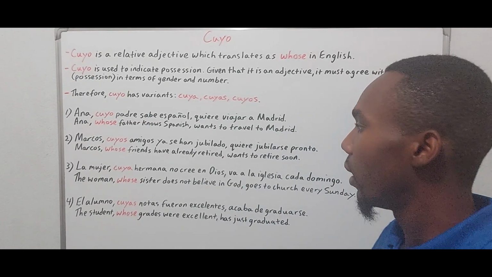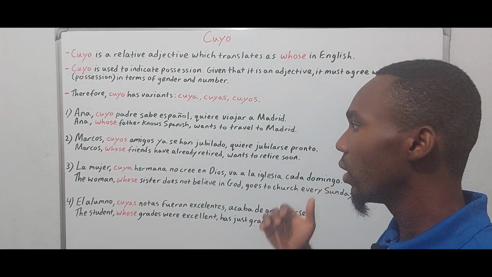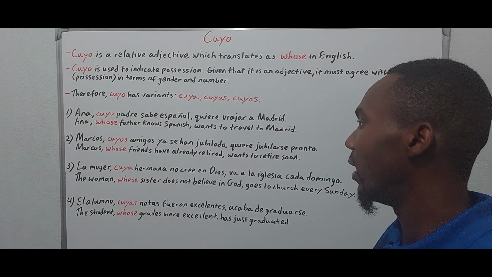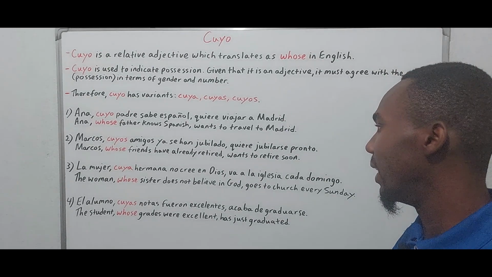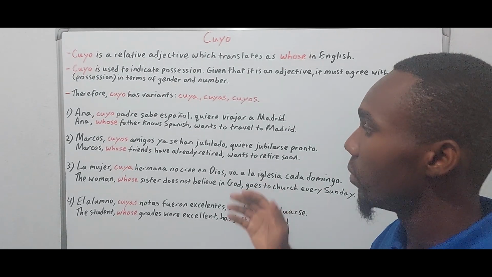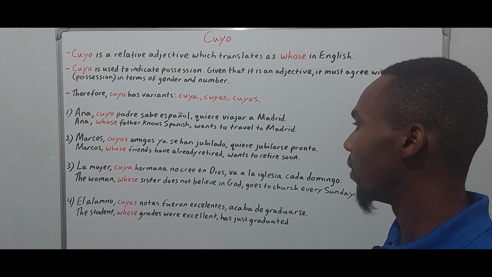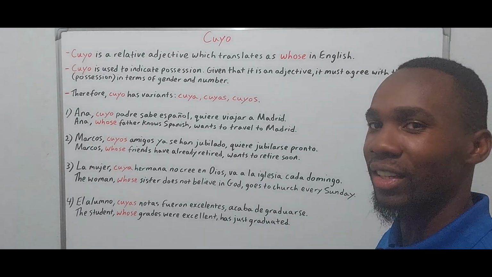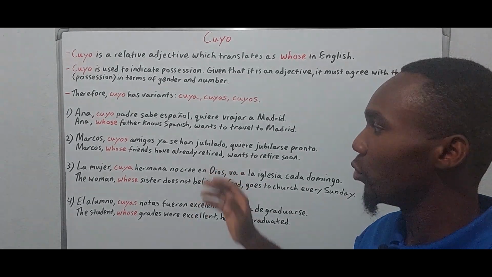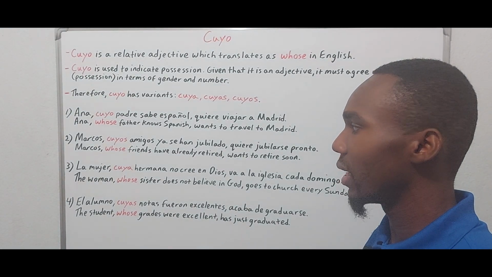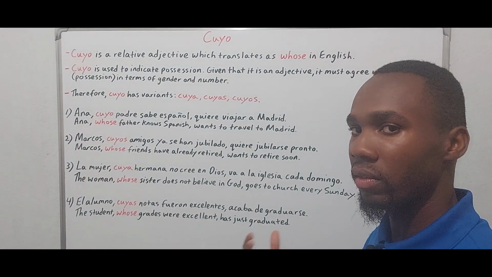Number 3. La mujer cuya hermana no cree en Dios va a la iglesia cada domingo. So the woman whose sister does not believe in God goes to church every Sunday. Interesting. Right. We use cuya in this instance because hermana is feminine and singular.